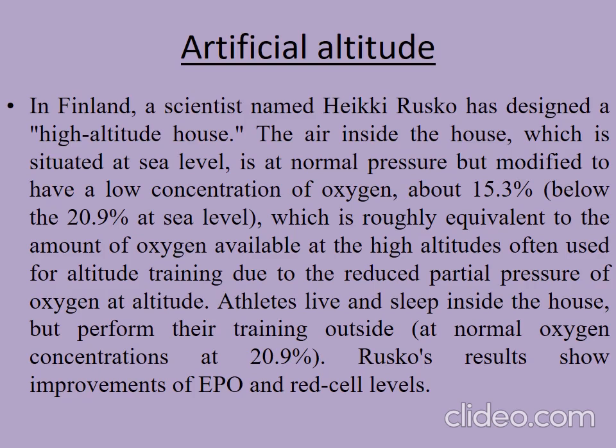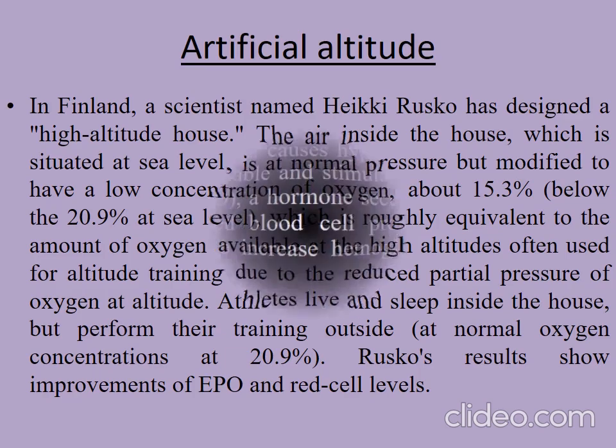Athletes used to train at a reduced partial pressure of oxygen. Athletes live and sleep inside the house but perform their training outside at a normal oxygen concentration of 20.9%. Rusko's results have shown improvements in EPO levels and red blood cells.